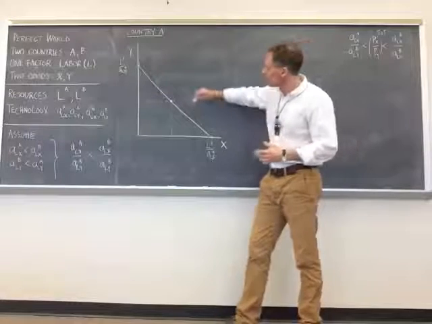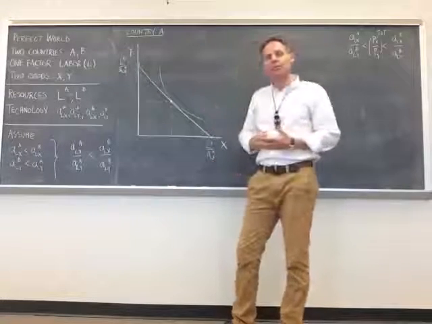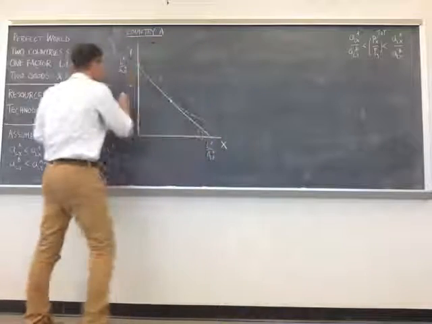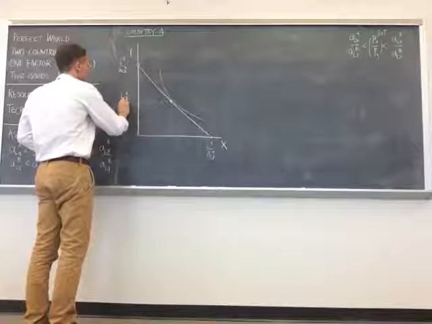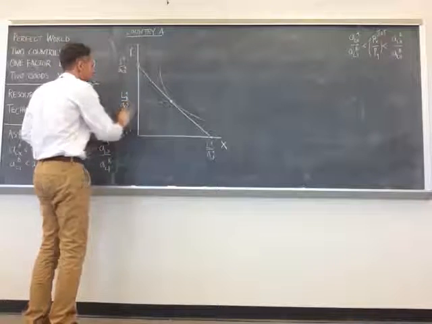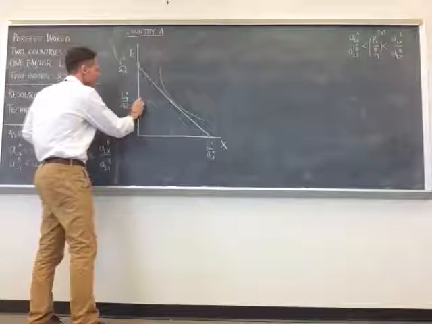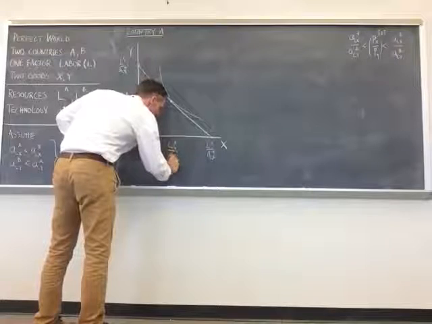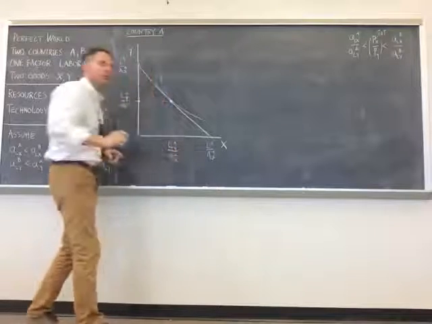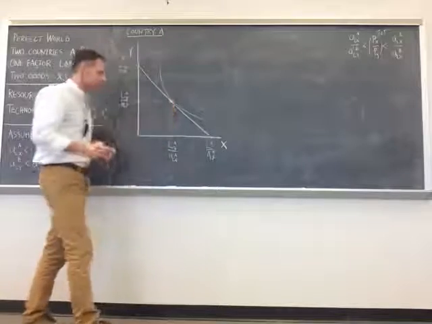So what that means is that there must have been some kind of indifference curve here that is tangent to that point, and they have allocated LYA number of workers to the Y industry and LXA workers to the X industry. So this is where they are producing right now.